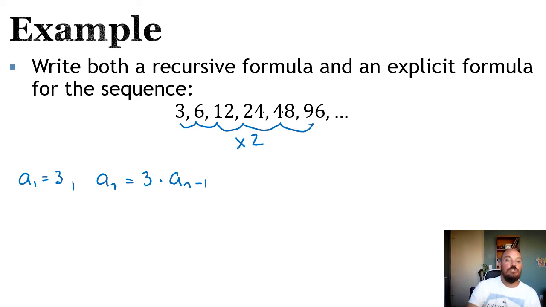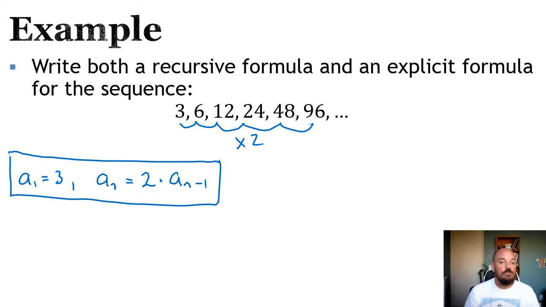And that's times 2, sorry. Oops, let's fix that. We're not multiplying by 3 each time. I got that mixed up with my a1. We're multiplying by 2 each time. That's better. Okay, so there's my recursive formula. I have my starting point. I told you what the first term was. It's 3. And then I said an equals the term before it, an minus 1 times 2. So geometric.